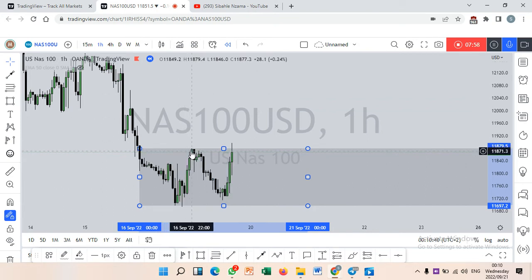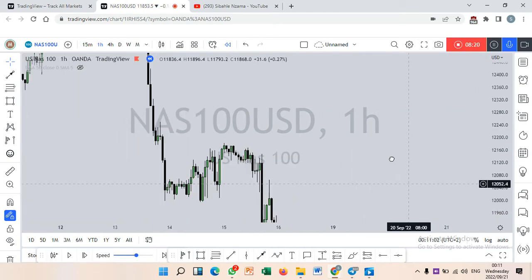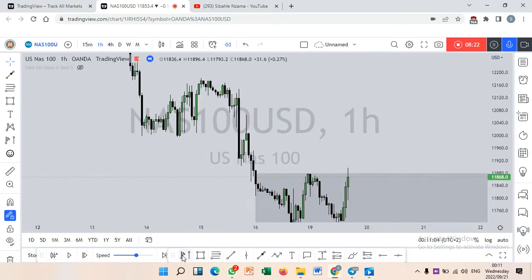So Bob here identifies a support, he sells. Jerry identifies a resistance. Bob identifies a support. You feel me? So now they weren't able to get in here because it's dropping, but now they're able to get in here.